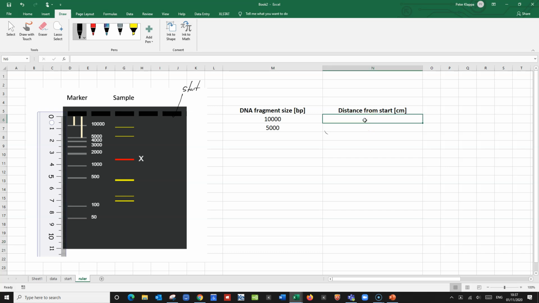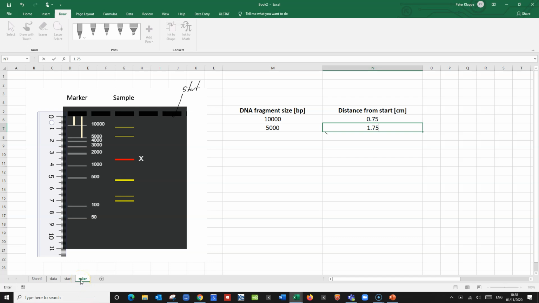0.75 centimeters. So let me put this in. So that would be 0.75 centimeters. And the second band, the 5,000 DNA fragment, has traveled around, well, that's 1.75.